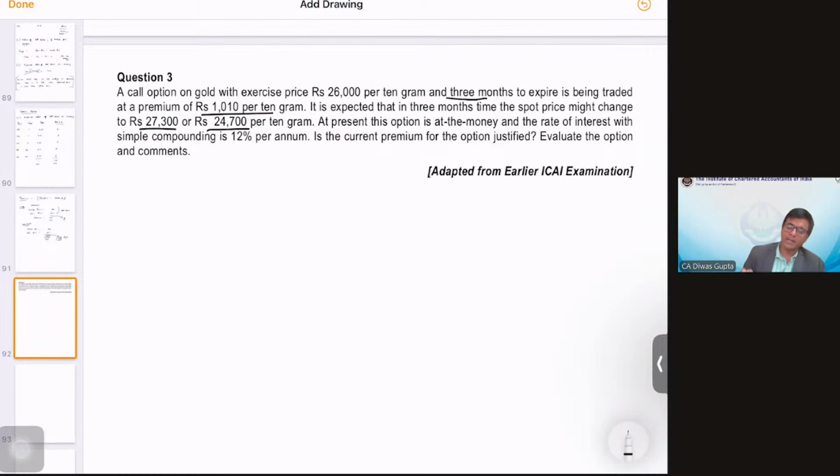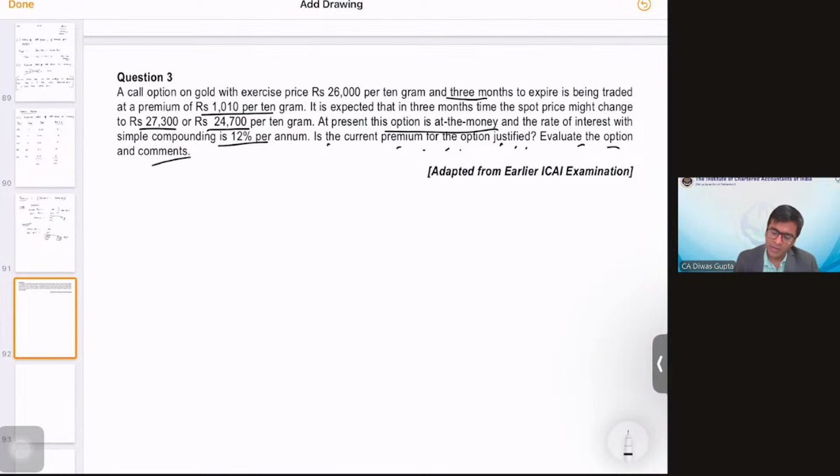At present, this option is at the money and the rate of interest with simple compounding is 12% per annum. Is the current premium for the option justified?